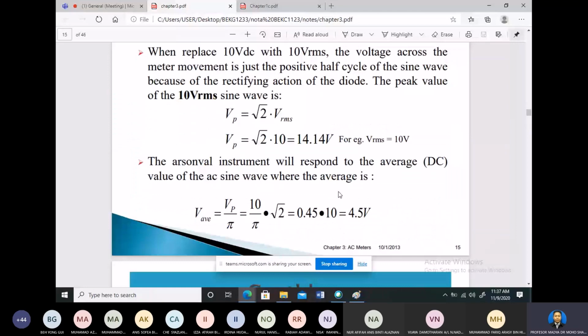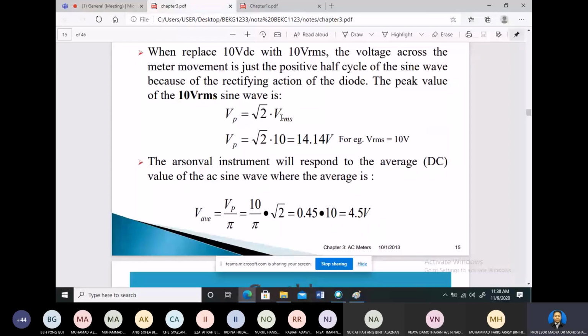For example, when we replace 10 volt DC with 10 volt RMS, the voltage across the meter movement has just the positive half cycle of the sine wave because of the rectifying action of the diode. The peak value of the 10 volt RMS sine wave is V peak equals square root of 2 multiplied by VRMS.